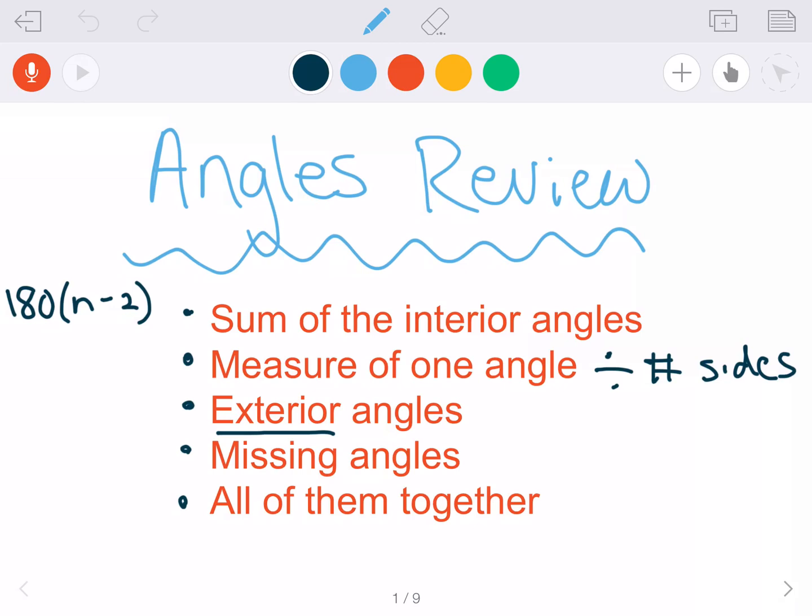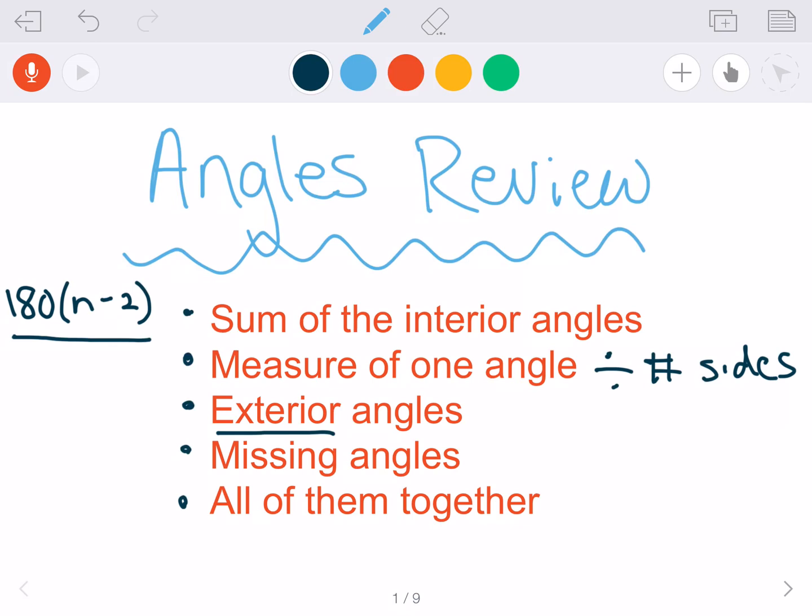So the things this video is going to talk about is finding the sum of the interior angles, which we found a formula related to, and that is 180 times the number of sides minus 2. We also talked a little bit about finding the measure of one angle.